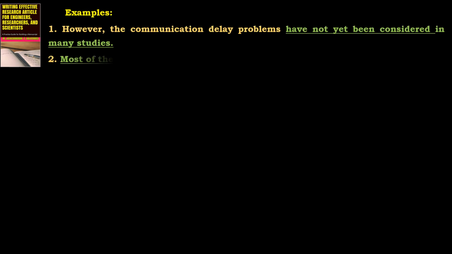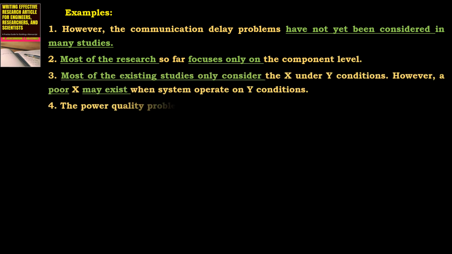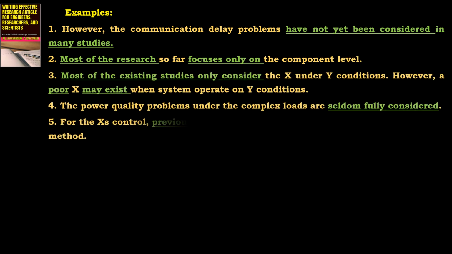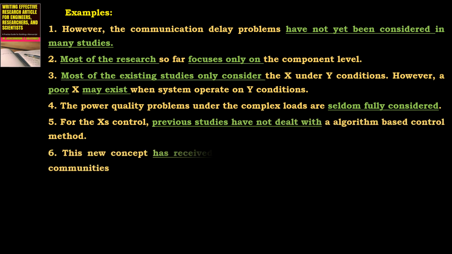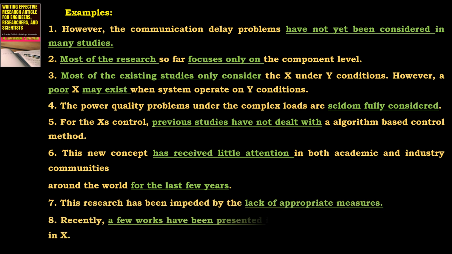Let us look at some examples where the keywords that represent the research gap are highlighted in green. 1. However, communication delay problems have not yet been considered in many studies. 2. Most of the research so far focuses only on the component level. 3.